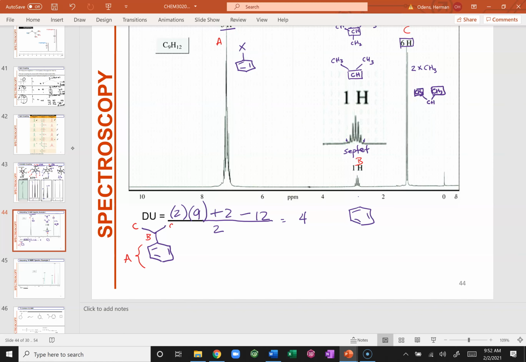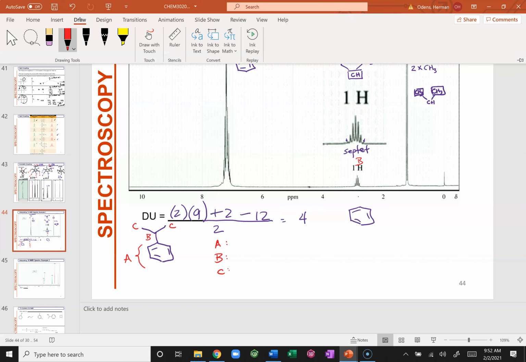And C will be your 2 methyl groups. All right. Okay, so we're going to be using our NMR chart, and then we're going to solve for the different signals. So let's say A, B, and C.